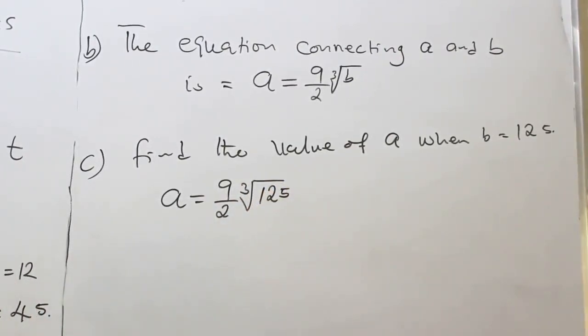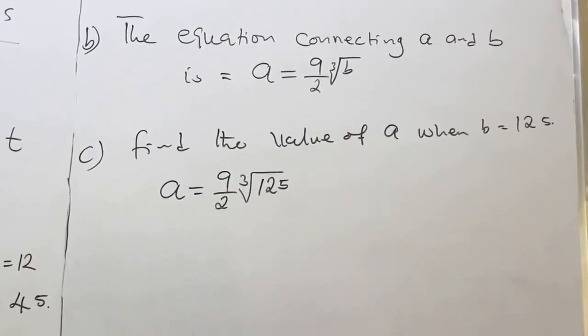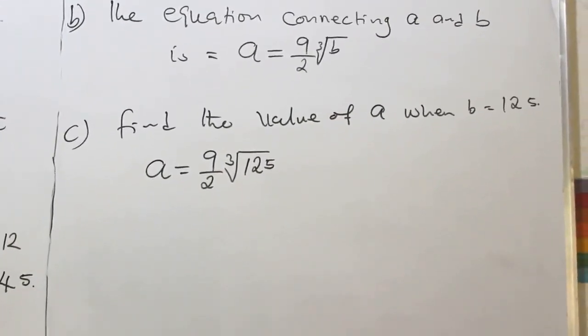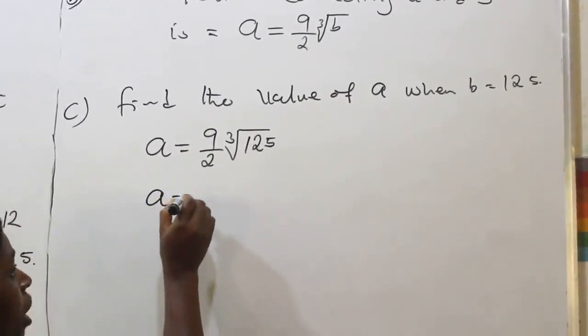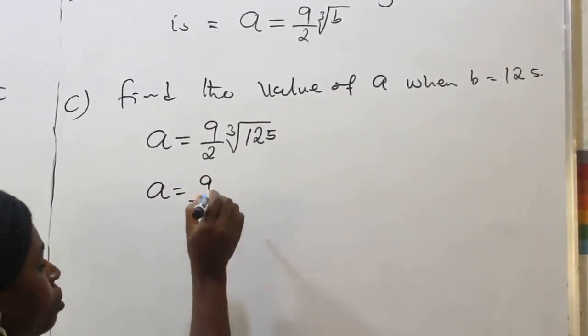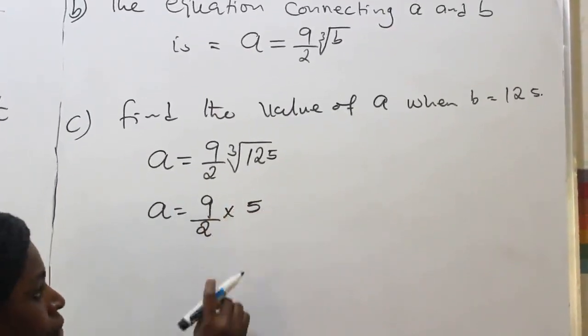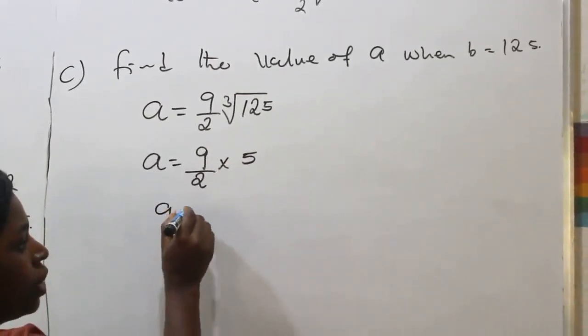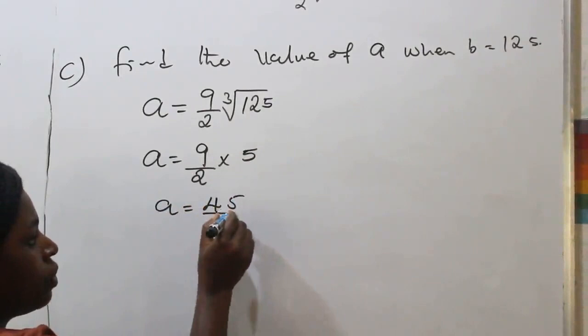So, what is the cube root of 125? Of course, we know it is 5. So, our A will be equals to 9 over 2 times 5. 9 times 5 is 45 over 2.